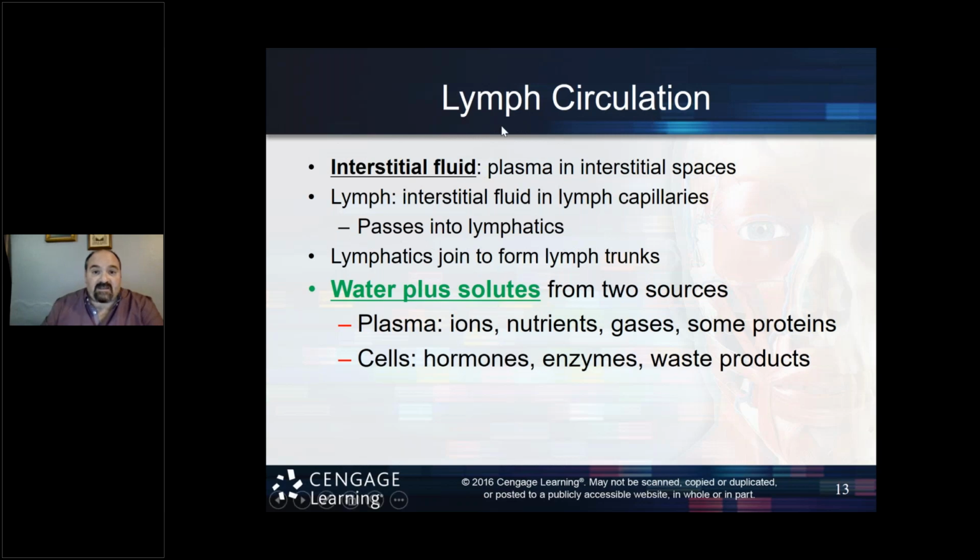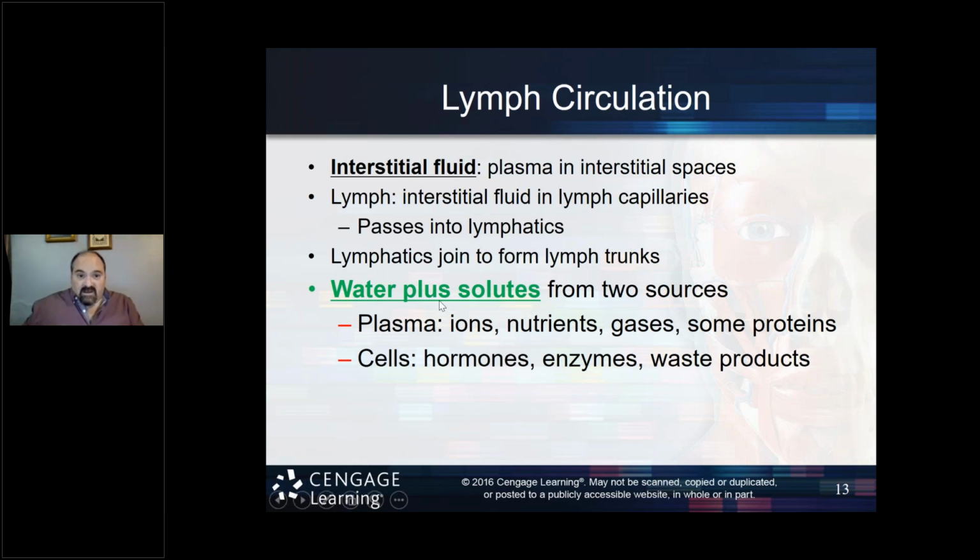You'll see here that lymph circulation, so interstitial fluid, is the plasma in the interstitial spaces. Know that throughout your body, there's no dryness, right? The only dry area of your body would be your skin, your integument, because everywhere else that is live cells, they need to be moist. And so part of that moisture, even inside of your body, would be this interstitial fluid, okay?